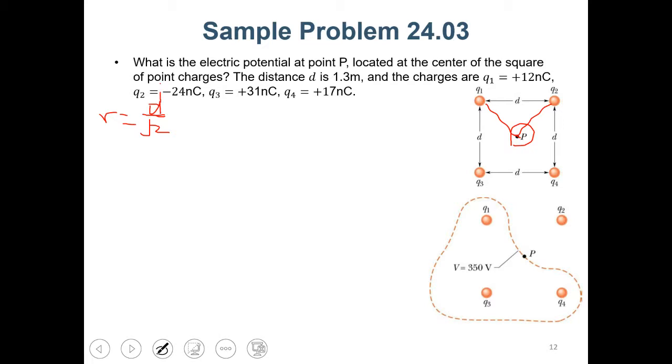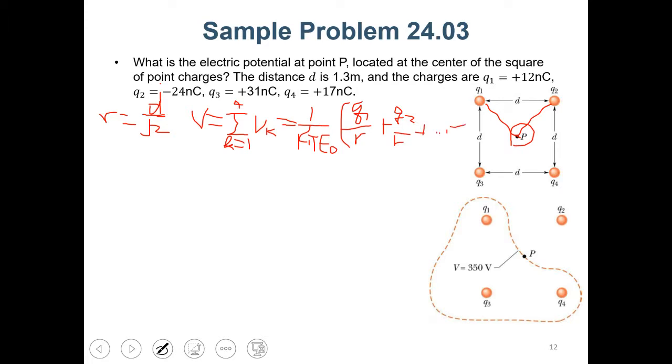And V would be the summation k equals 1 to 4 of Vk. So it will be 1 over 4 pi epsilon 0 times q1 over r plus q2 over r plus dot dot dot plus q4 over r.